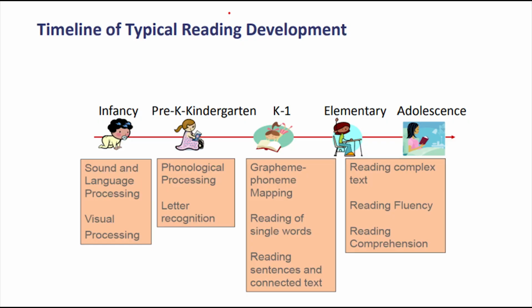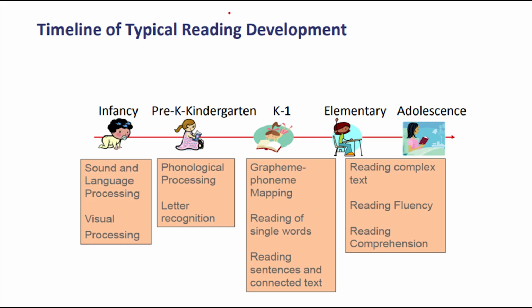And why are we doing the reading difficulties risk screener? I'm sure you know, right? There are a lot of challenges within reading development when we identify students who are having reading challenges. Sometimes we call this the dyslexic paradox: in infancy, our sound language processing and our visual processing come on.